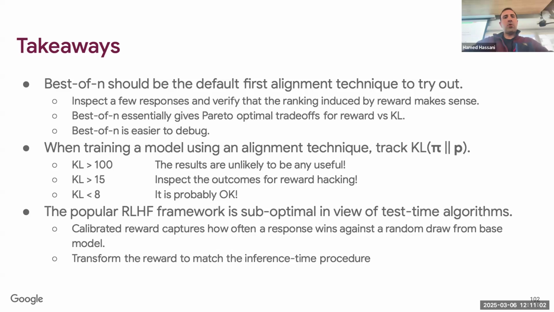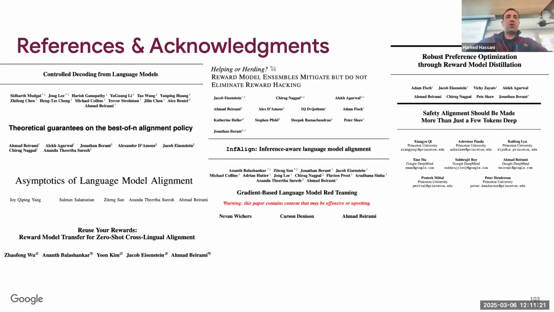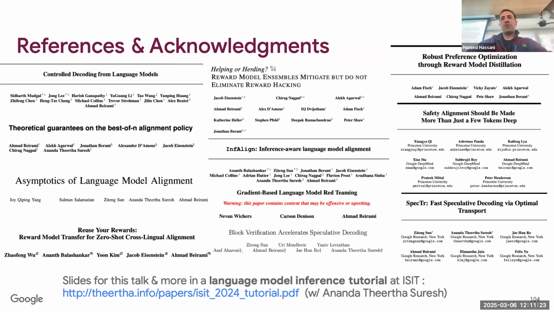This is the part that I didn't talk about: the RLHF framework generally assumes sampling from the model, but we don't sample from these models. We're generally using more and more sophisticated test-time algorithms, and there is a way to try to fix this. Okay, so these are some of the references of our work that I talked about, but I talked about a lot of other work as well. And with that, I'm just going to stop.